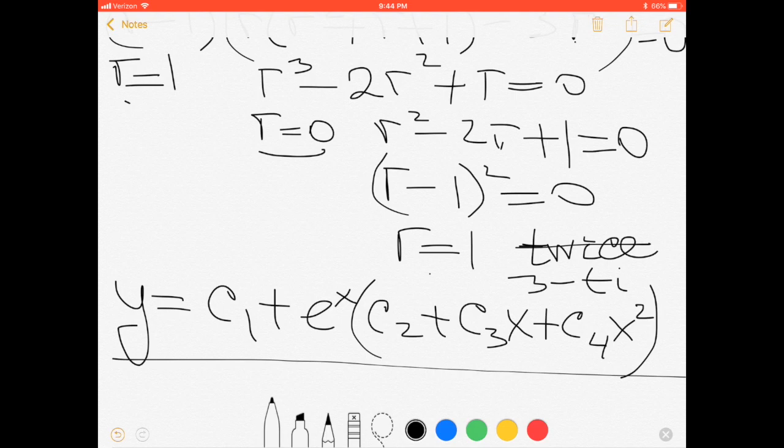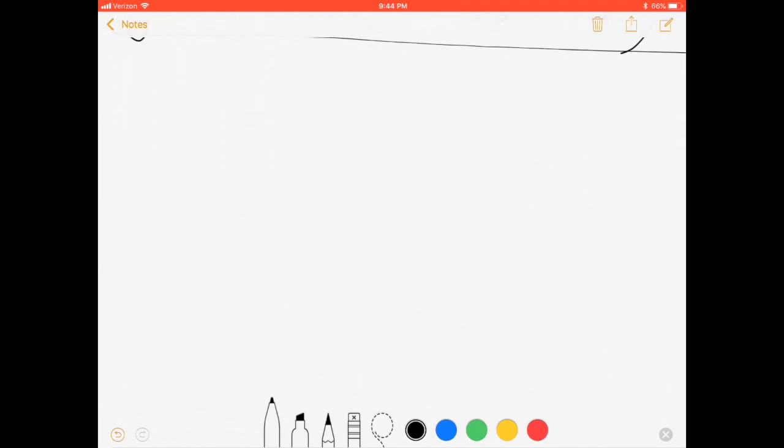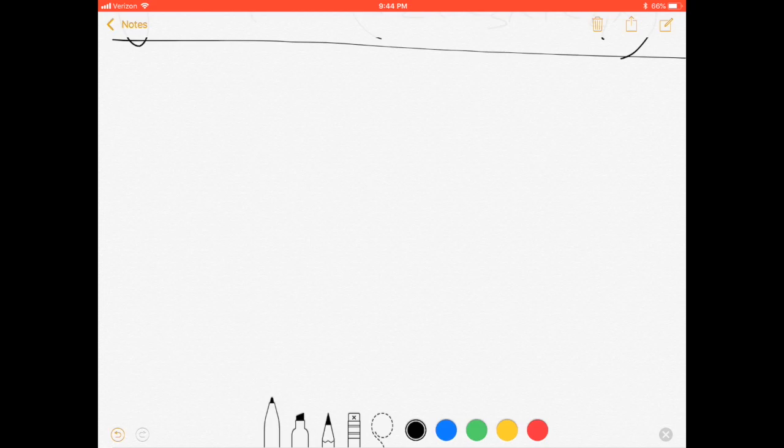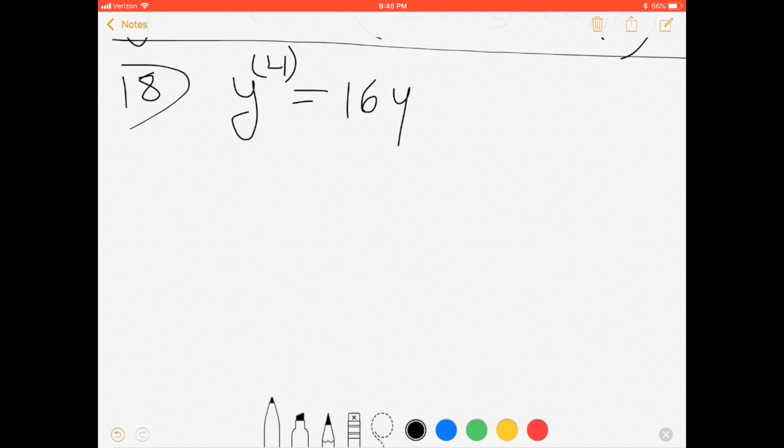Solving the next example. It looks very simple, but it has some problem. Y fourth order derivative equals 16y. The characteristic equation is r to the power 4 equals 16.